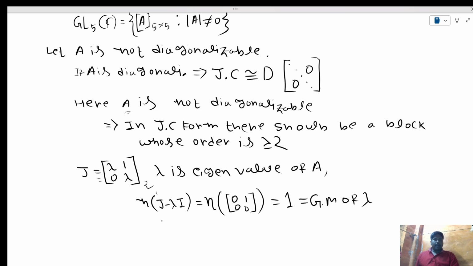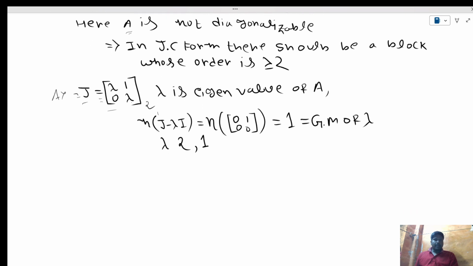So lambda का algebraic multiplicity है 2 and geometric multiplicity है 1. That's why J is not diagonalizable, and this implies A is not diagonalizable. So that's why we take such an example. Okay, so J is [lambda 1; 0 lambda].